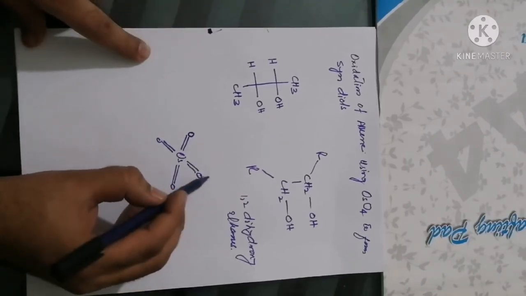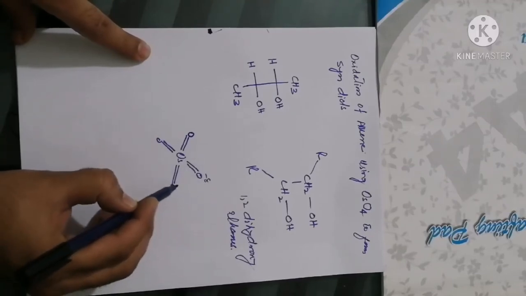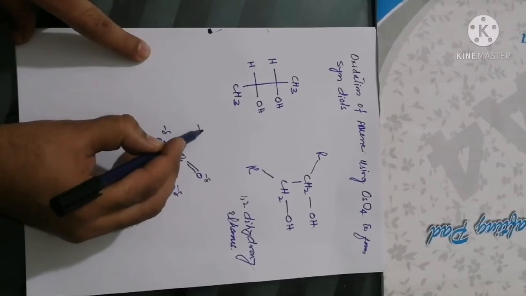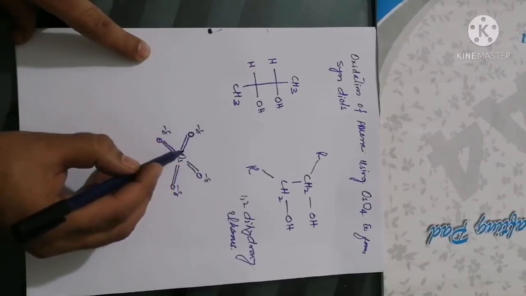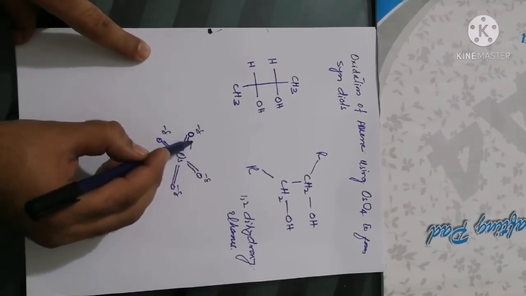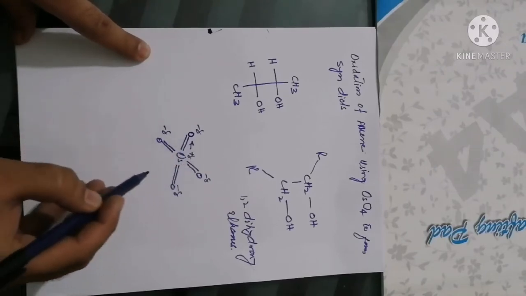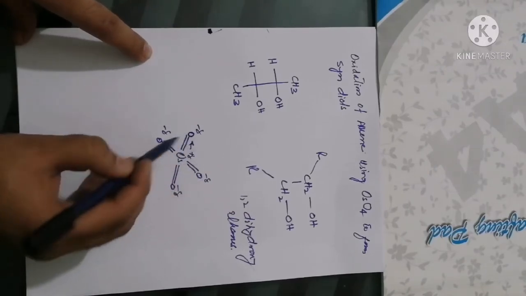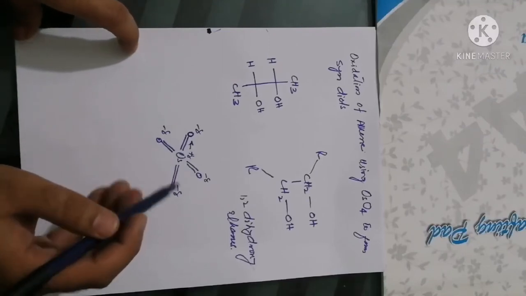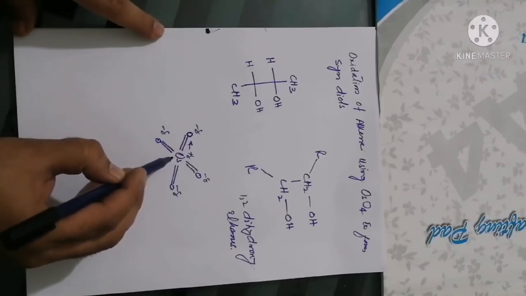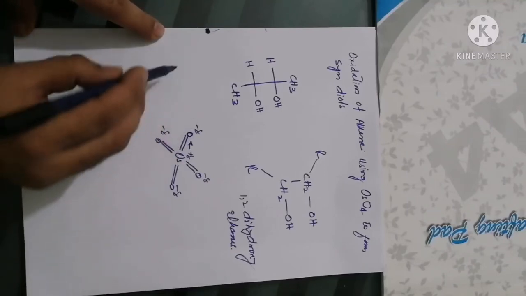Since oxygen is a highly electronegative element, it pulls the electron density towards itself, making osmium a little electron deficient. Since there are four oxygen atoms and all four are pulling the electron density towards themselves, osmium becomes a good electrophile.